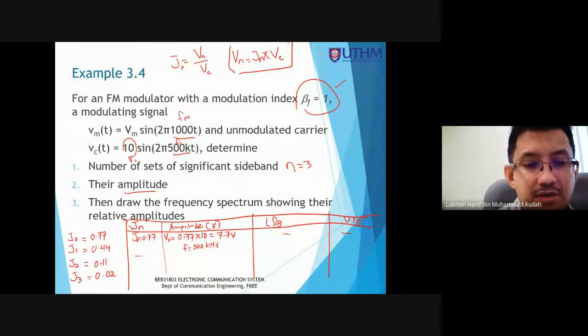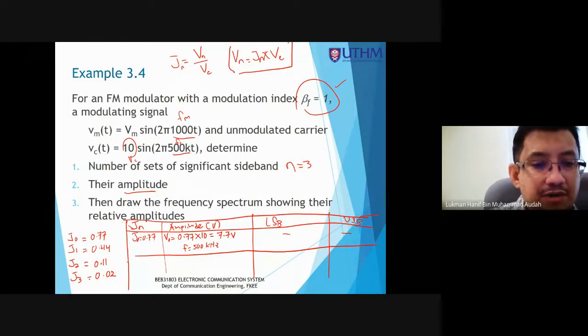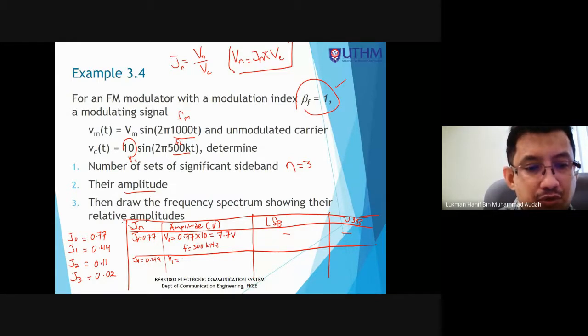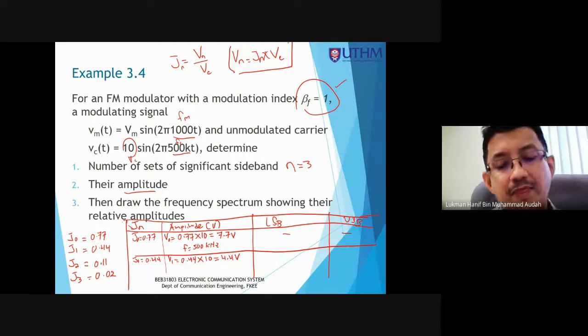And then what? J1. J1 is equal to 0.44. You can calculate along with me. V1 is equal to 0.44 multiplied with VC, which is 10. So you get 4.4 volt.